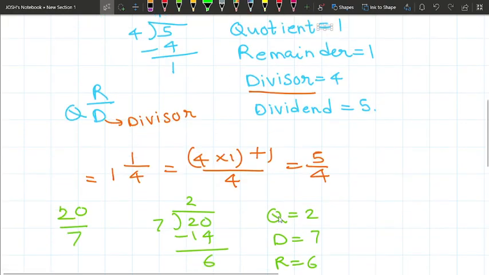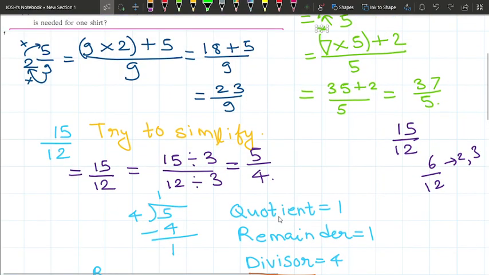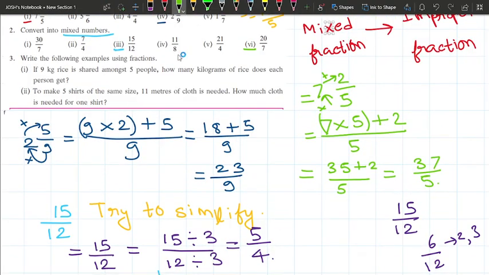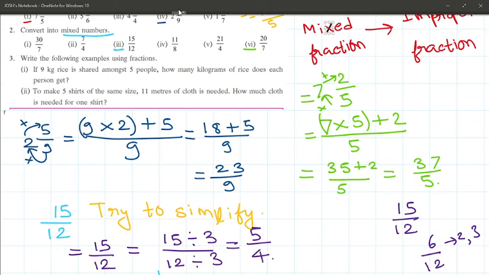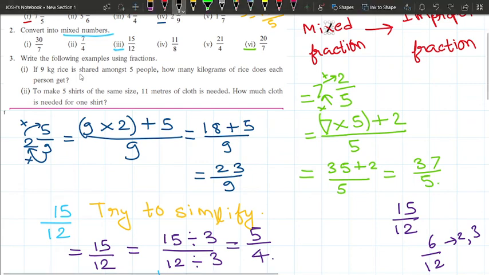Now let us solve a word problem from question number 3. To make 5 shirts of the same size, 11 meters of cloth is needed. How much cloth is needed for one shirt?